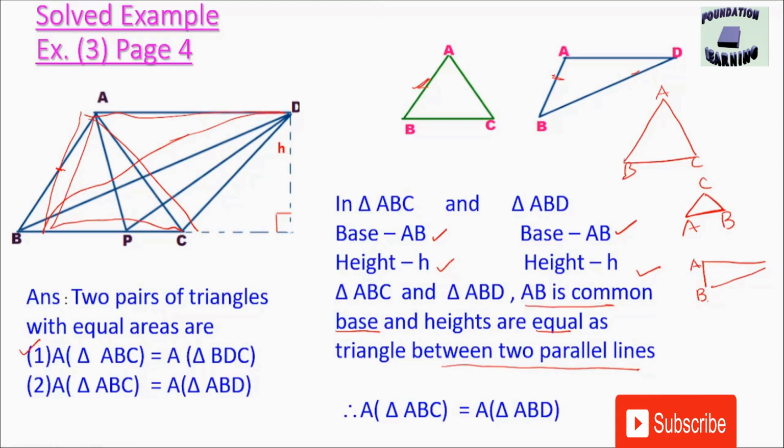So naturally we have got the answer, the two pairs of triangles which are equal: ABC is equal to BDC and ABC is equal to ABD. I hope you all have understood. Only thing to remember is the concept that the triangles are drawn between two parallel lines, so the heights are equal and the bases are common. So naturally, the two pairs of triangles are equal in area.